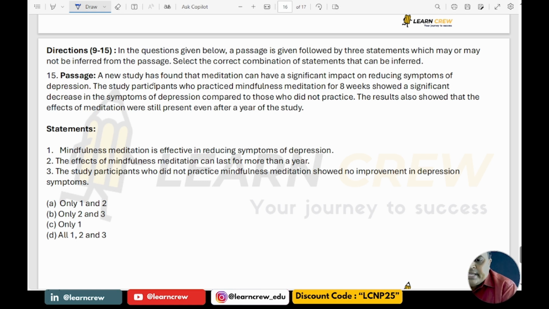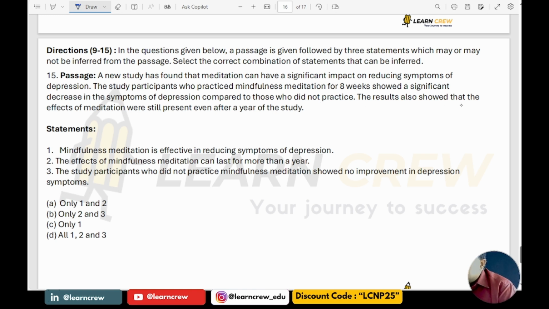A new study has found that meditation can have a significant impact on reducing symptoms of depression. The study participants who practiced mindfulness meditation for 8 weeks showed a significant decrease in the symptoms of depression compared to those who did not practice.